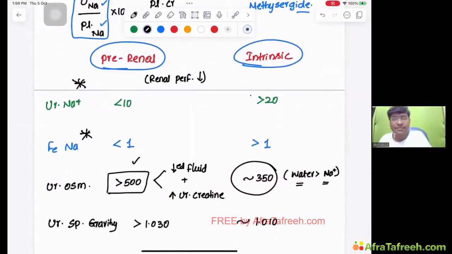We have multiple parameters. One important is FeNa. FeNa in case of prerenal is less than 1, and in intrinsic renal, it is more than 1. Then urine sodium is less than 10 in prerenal, more than 20 in intrinsic renal.